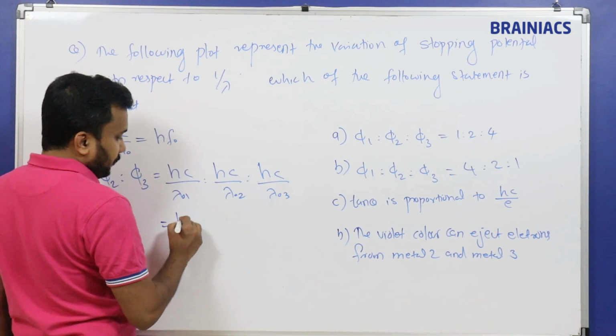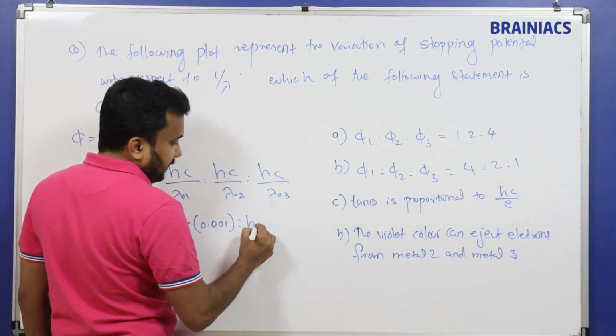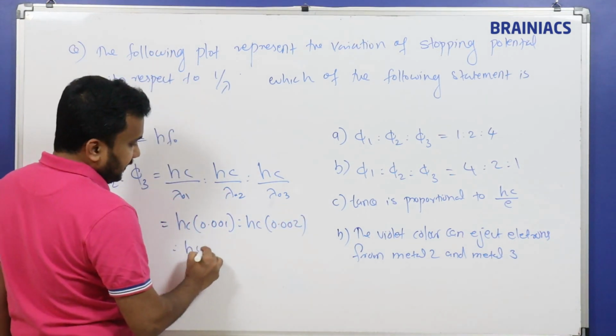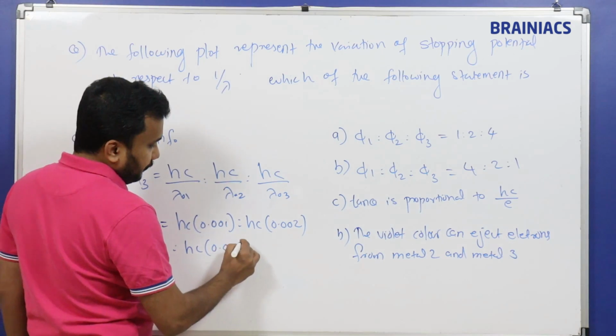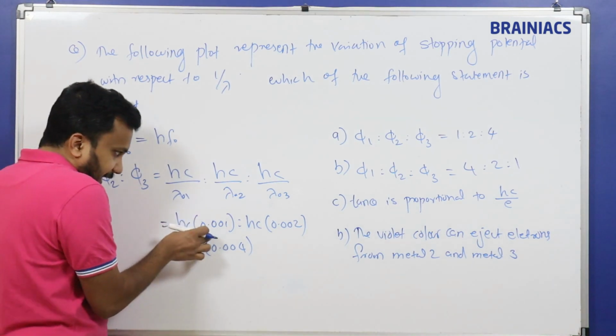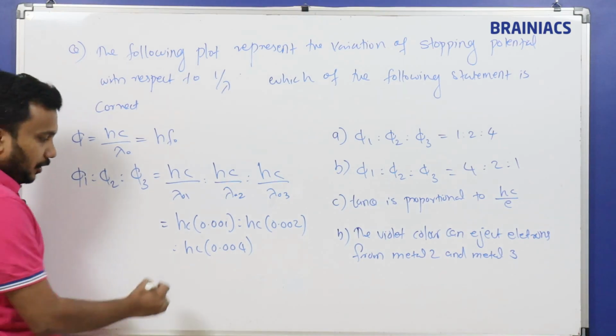What is 1 by lambda 0? The values are given. So hc into 0.001 is to hc into 0.002 is to hc into 0.004. We have to take the ratio. Ratio means one factor with another factor, it's a division, so hc can be ignored.